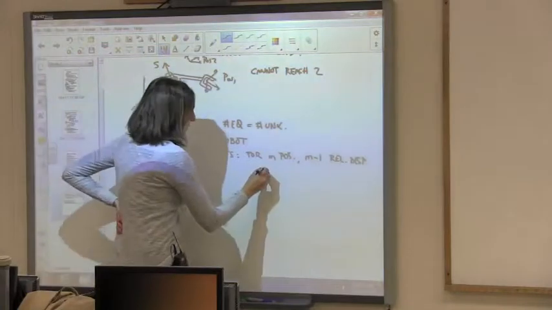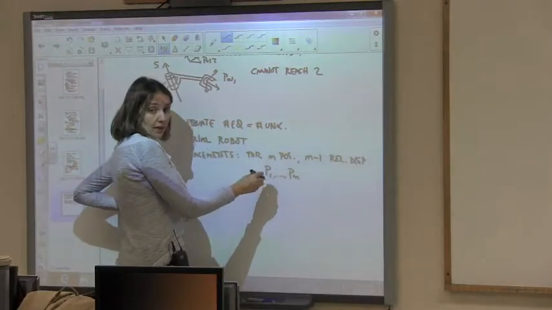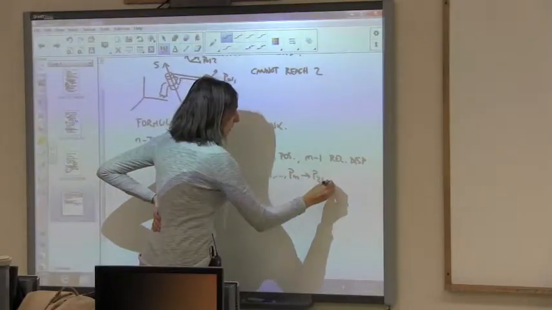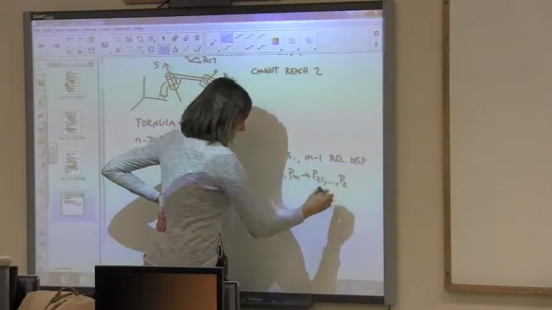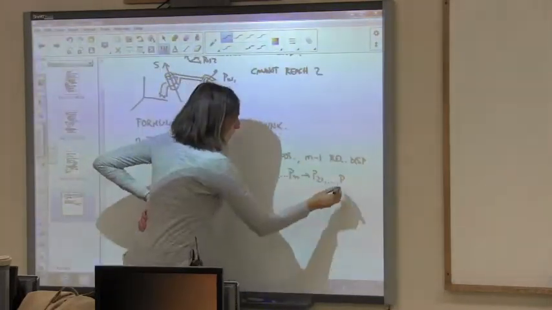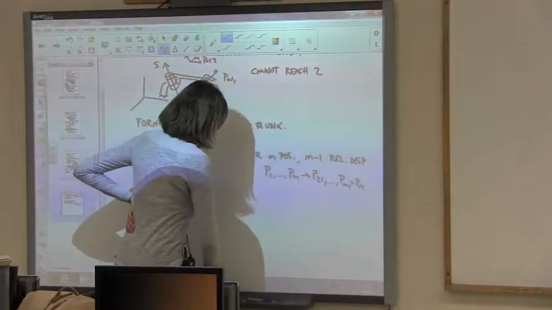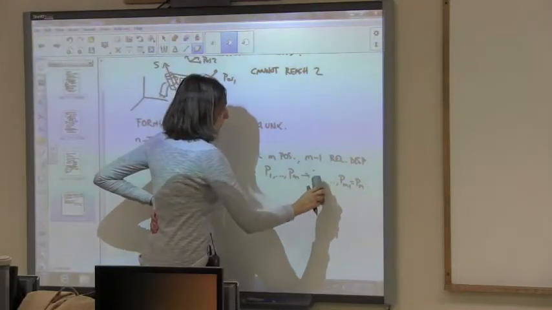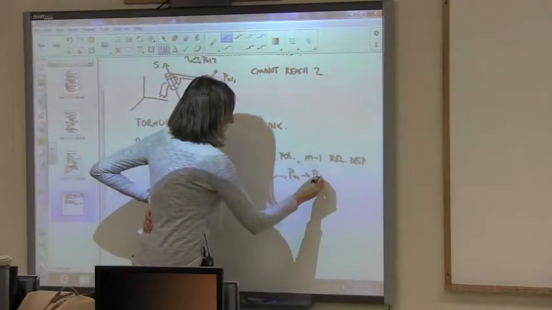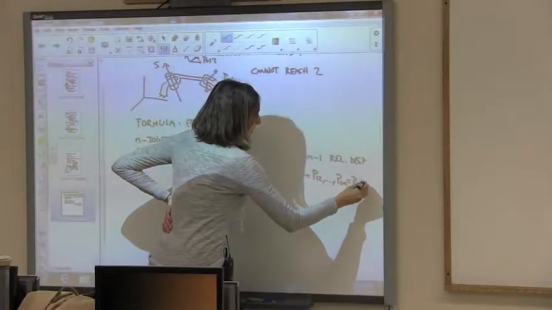For instance, if you have p1 to pm, and we take p1 as the reference, and we can take any of them, if we do the relative, we will have p12 up to p1m, which is equal to pm, p1 inverse.